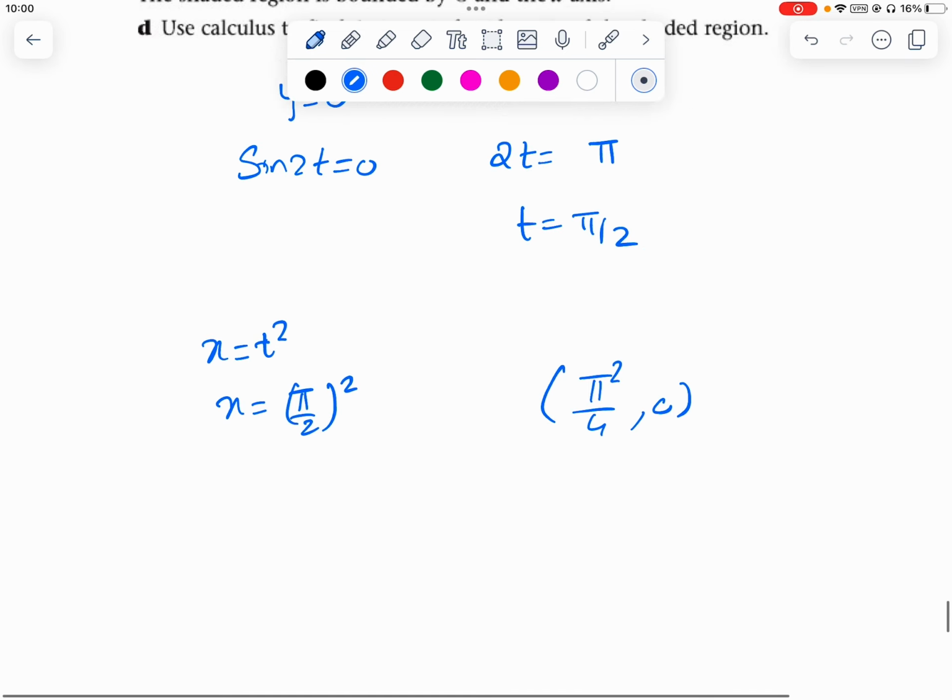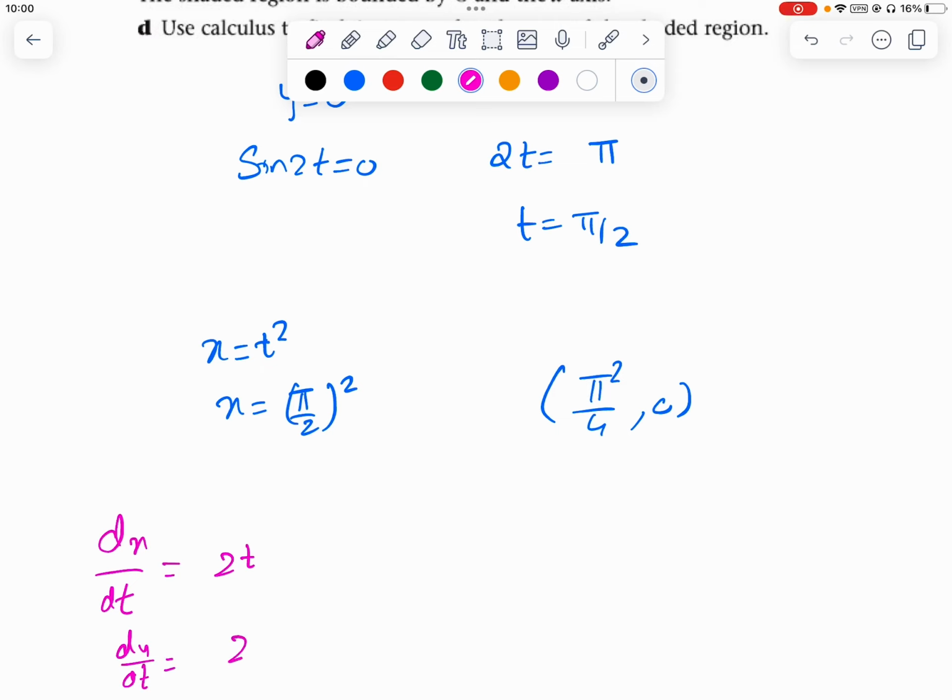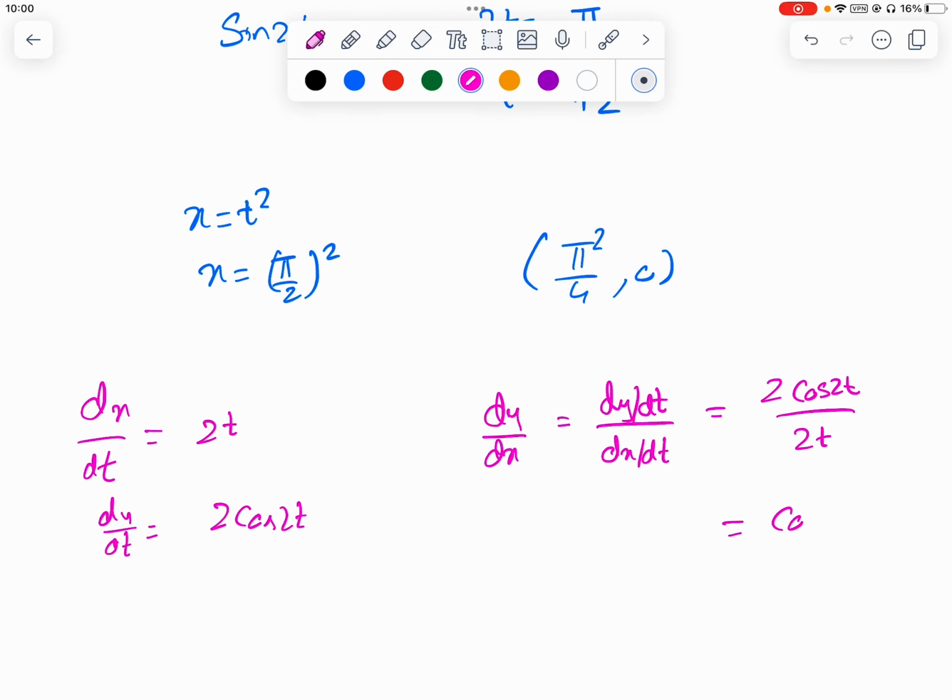Find dy/dx. So I find dx/dt, which is 2t. Then I find dy/dt, which is 2 cos 2t. So what will be dy/dx? dy/dt upon dx/dt. dy/dt is 2 cos 2t upon 2t. So it becomes cos 2t upon t.